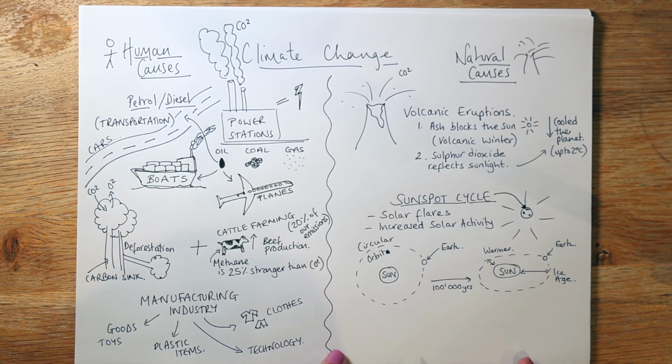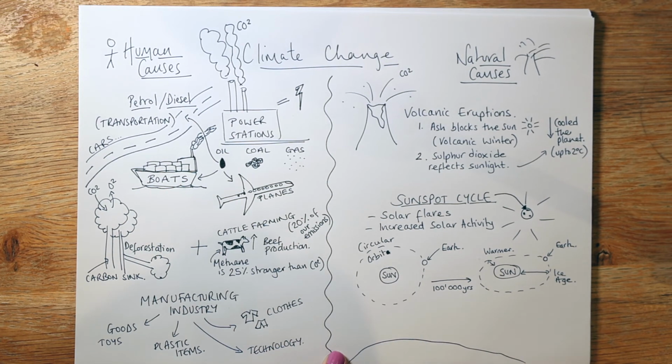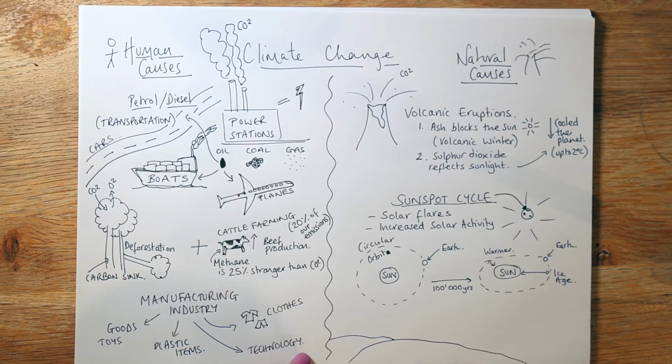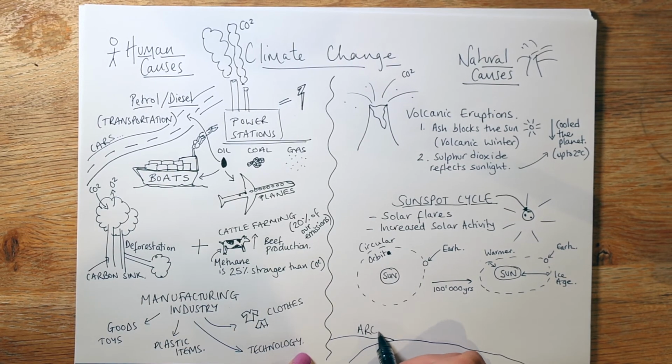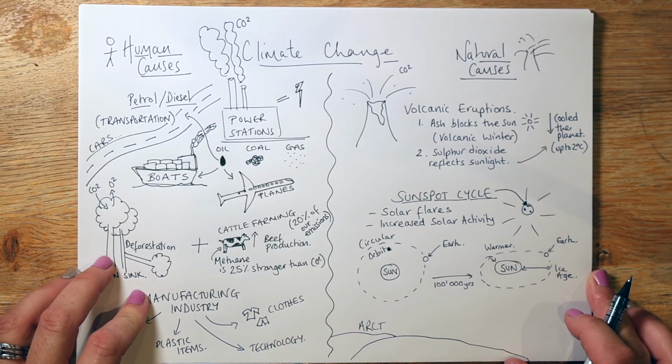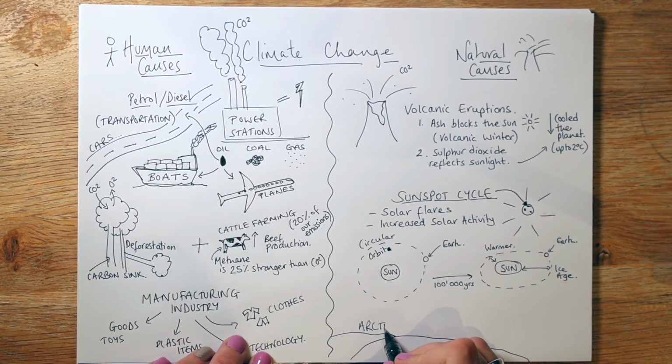And then there's just one kind of final one. So if we imagine we're drawing, there we go. That's supposed to be like a lake. Okay, obviously it's not the clearest lake, but there we go. Let's write Arctic. Let me just move my sheet so you can see. We go Arctic lake.